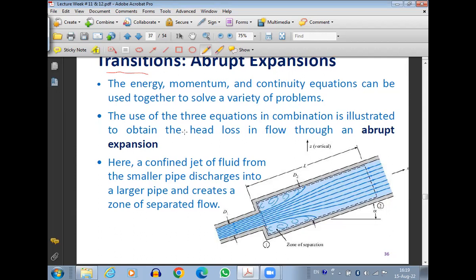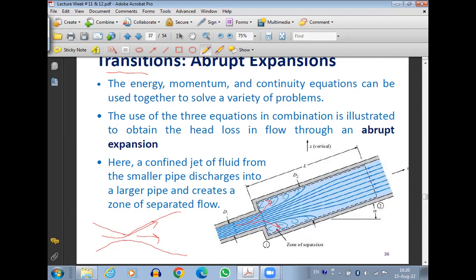Suppose I have a small pipe and then I have a big pipe and I connect the 2 pipes together. Okay, so we'll have an abrupt expansion, a sudden expansion. On the other hand, suppose we have a situation like a venturimeter. In a venturimeter, you have a constriction and then you have an expansion. So this is a gradual expansion, and this is a sudden expansion.